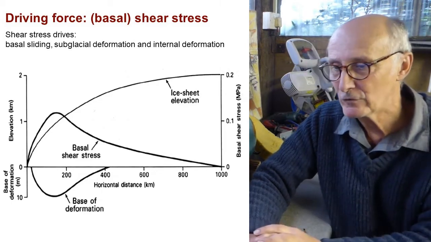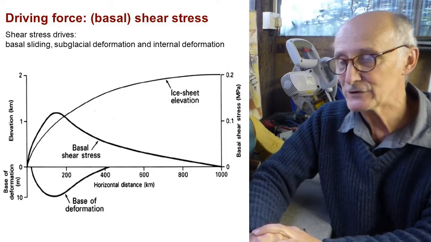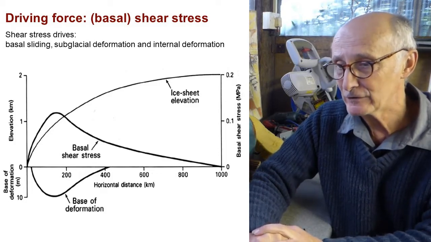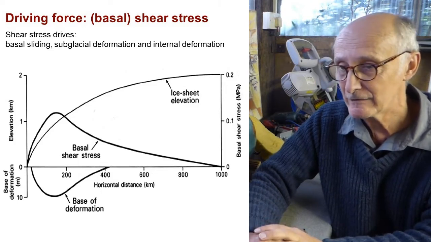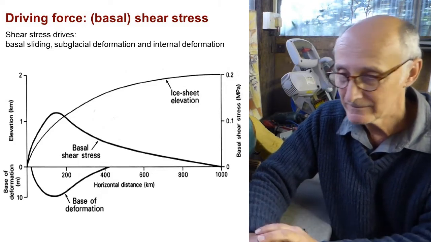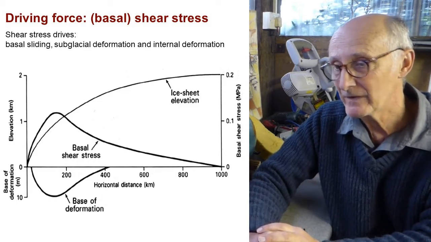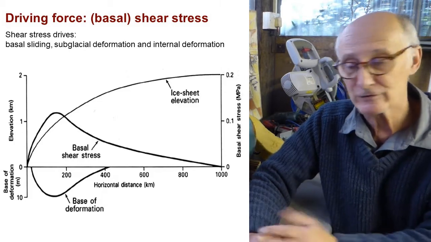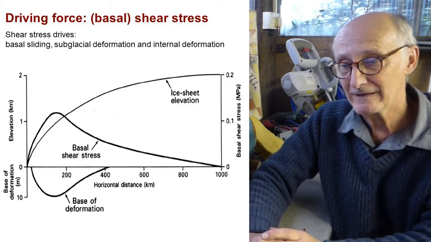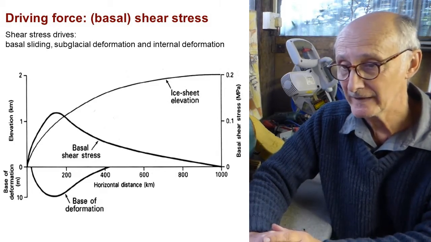Again, that's something we've talked about before, but it's illustrated nicely here, showing the relationship between the basal shear stress, which is controlled by the surface gradient and the ice thickness, and the thickness of the deformation layer shown at the bottom of the diagram. You can begin to pick up the relationship between the driving stress, the basal shear stress, and the response to that in the form of movement at the base, the deformation marked on there.